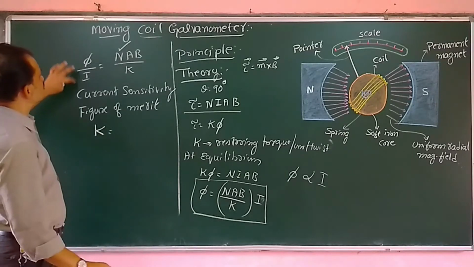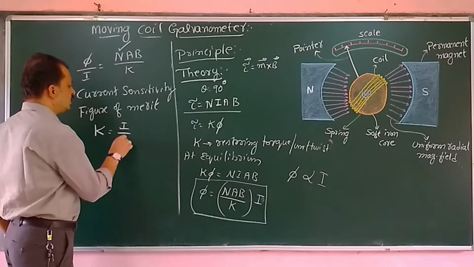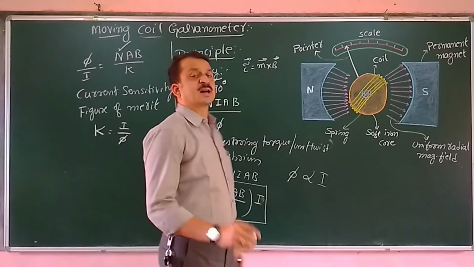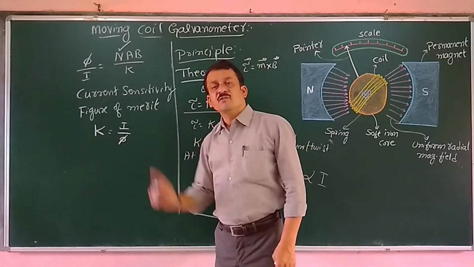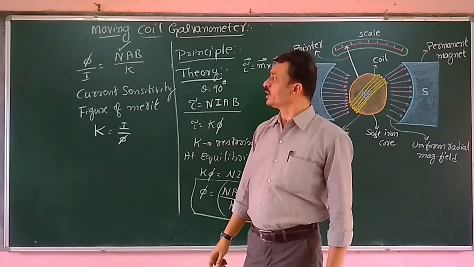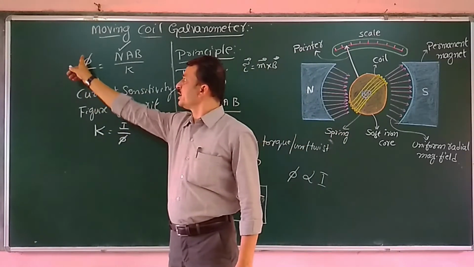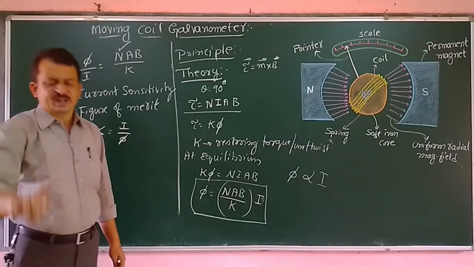It is just the reciprocal of these two. It is I by phi. The current for unit deflection is called figure of merit. Don't get confused with these two terms here. Now this is current sensitivity, deflections per unit current.